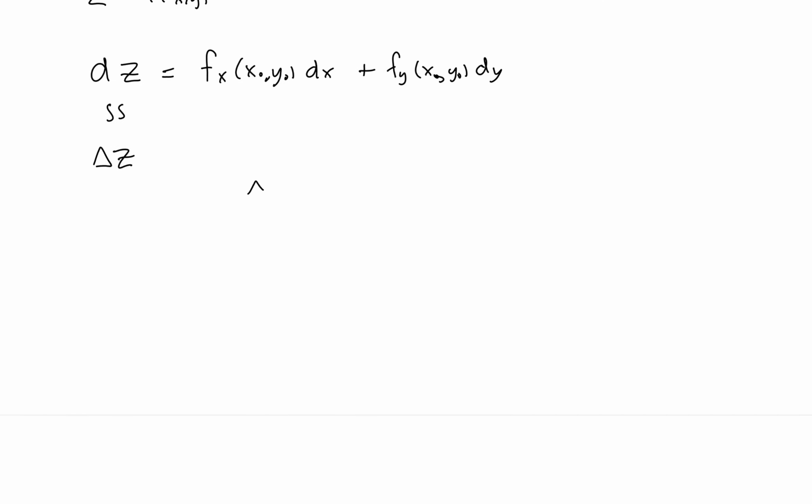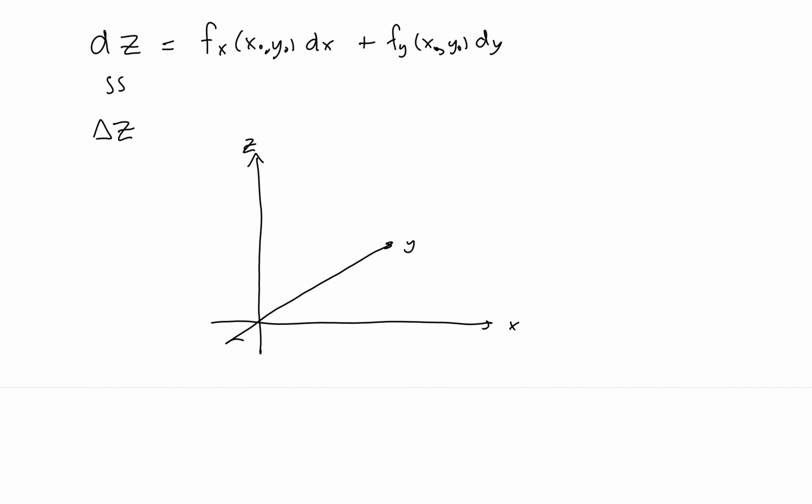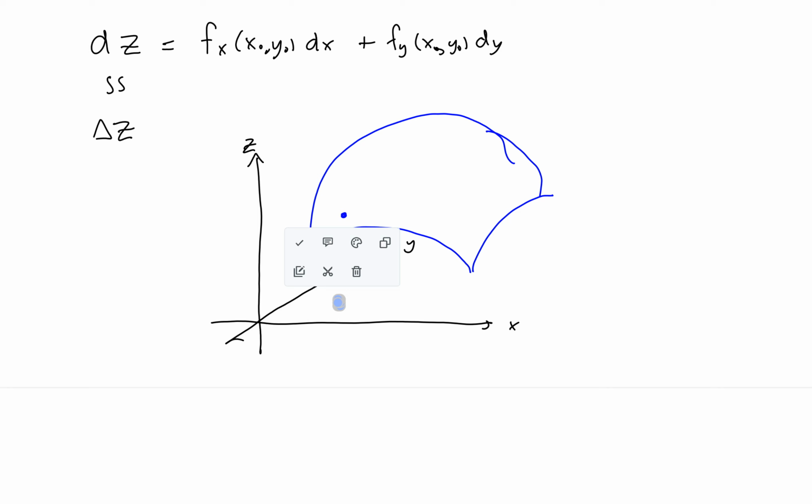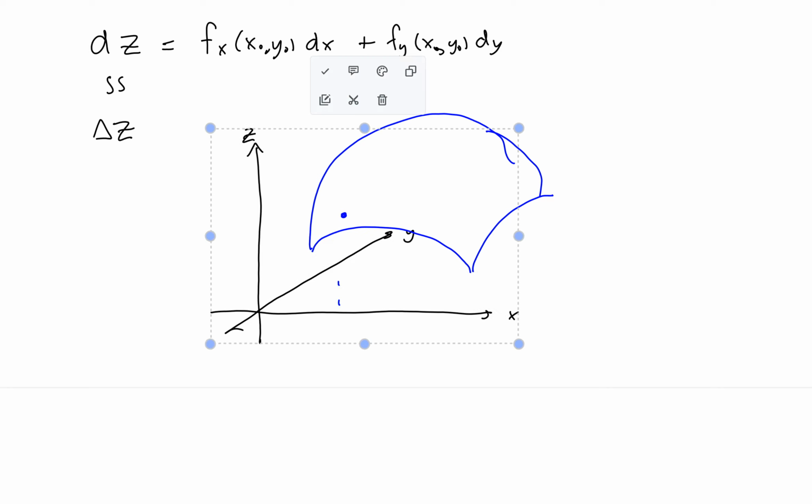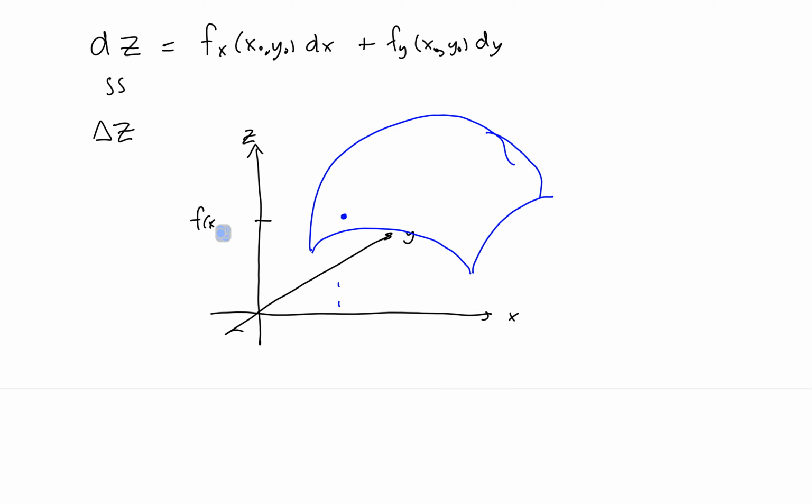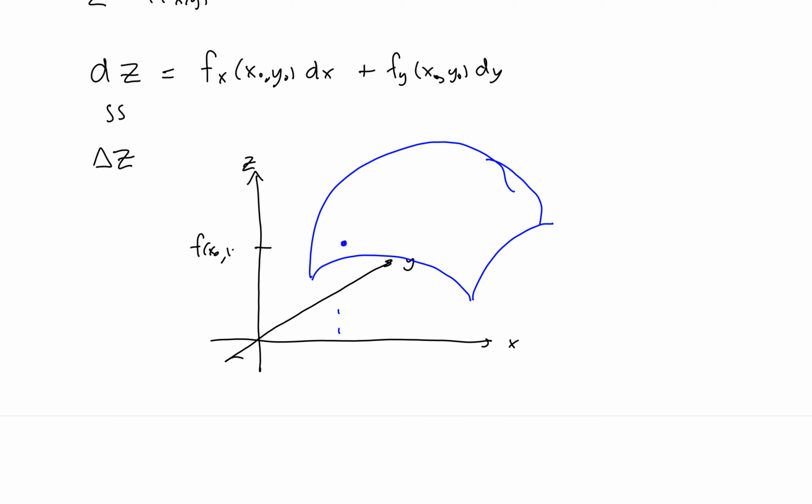So if we want to think of this in terms of a picture again, let's do our best to draw a picture of this. So I have my surface here like this. Say this value here I know, so this is f of x0, y0.